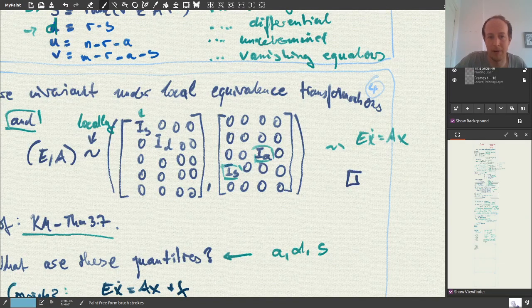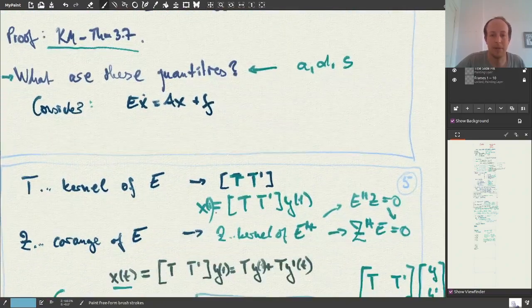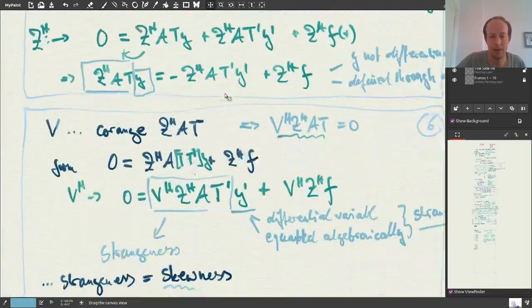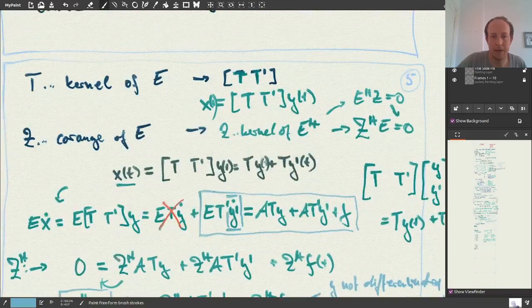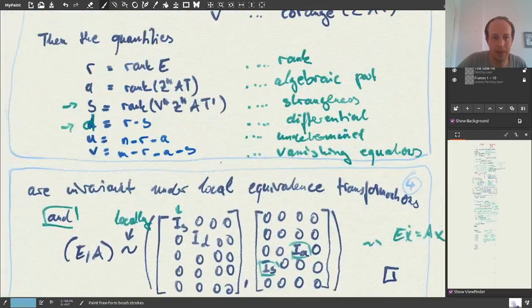So here we have this differential part, like this part will be E dot is something equal to a right hand side. But here we also have this part saying that these variables are also algebraically related to the right hand side. Okay, and since we have both here, like algebraic and differential relations for that, this is what is called the strangeness. And then, we can have a final look at what is the differential part.